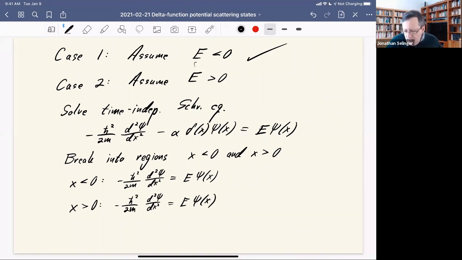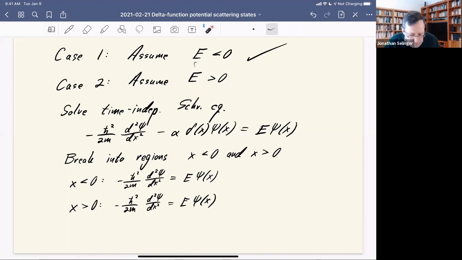Okay, so last week we considered the case where E is negative. And so now we're doing the case where E is positive.